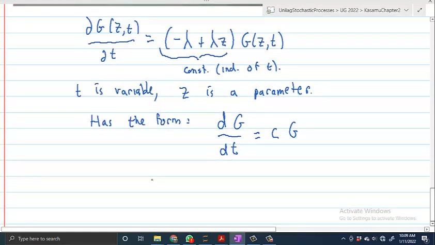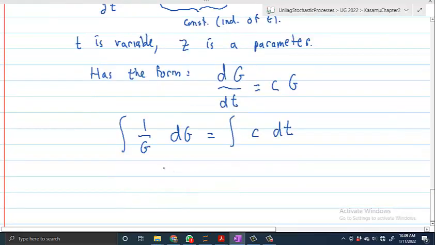The way to solve this is you cross multiply. You can write this as 1 over g dg equal to c dt, and integrate both sides. Log of g equals ct plus some arbitrary constant.